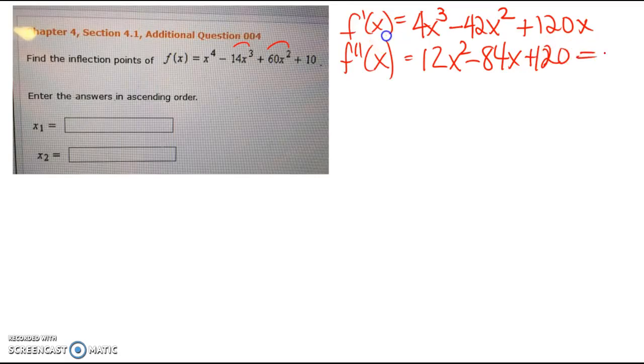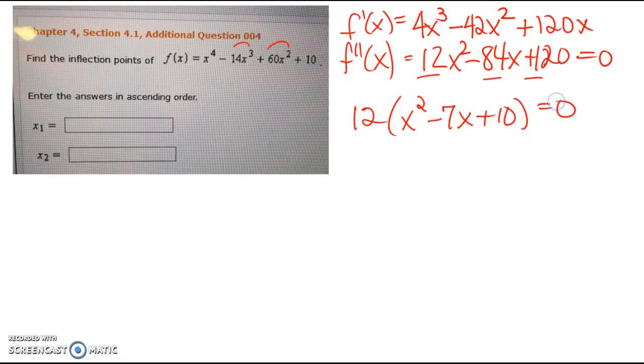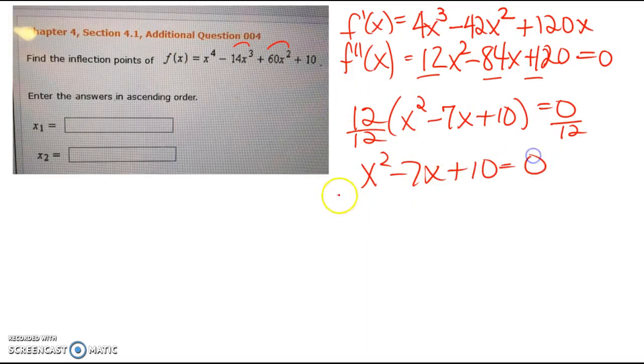Well, we're going to set that equal to 0. What's nice is that we can factor a 12 out of all of these. So if I pull a 12 out, I get x squared minus 7x plus 10 equals 0. So I'm solving. I can divide by this 12 and it goes away. X squared minus 7x plus 10 equals 0, and we can factor.